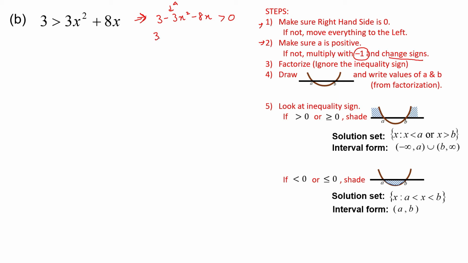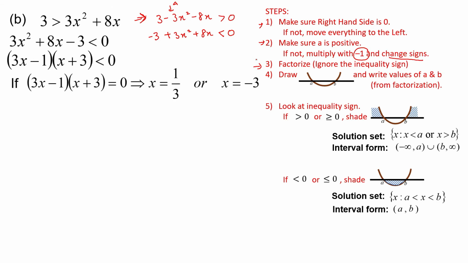So you multiply everything with a -1 and change the symbol, then just rearrange. After that, third step is to factorize. Just press your calculator and that's what you get. From here, your value of x is x equal to 1/3 and x equal to -3.